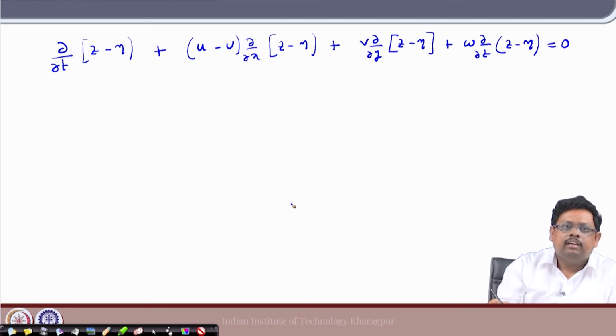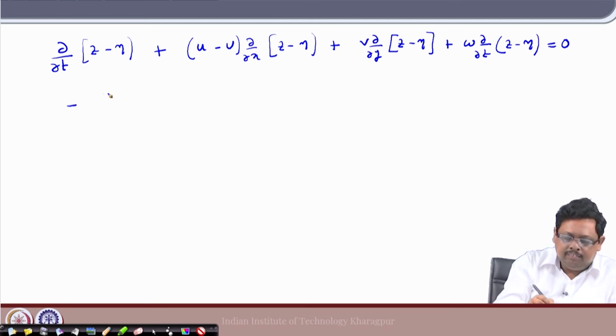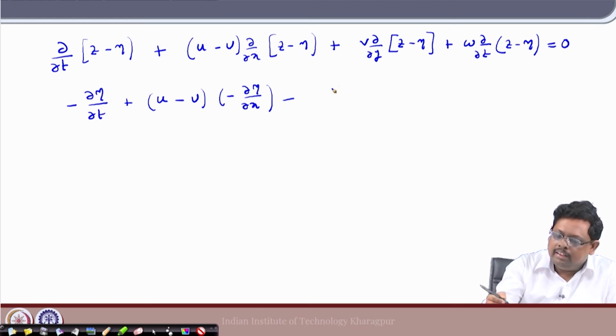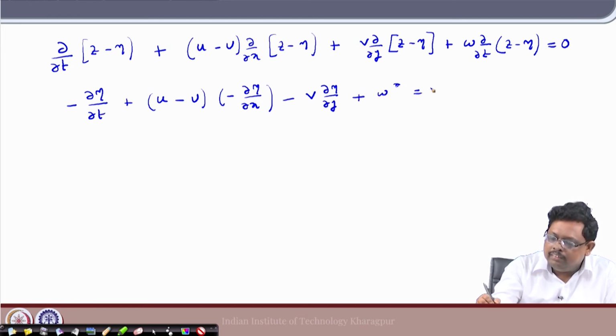Now the remaining part is very simple: it is minus del eta/del t, plus (u minus capital U) into minus del eta/del x, and then v into del eta/del y, and then plus w equal to 0.